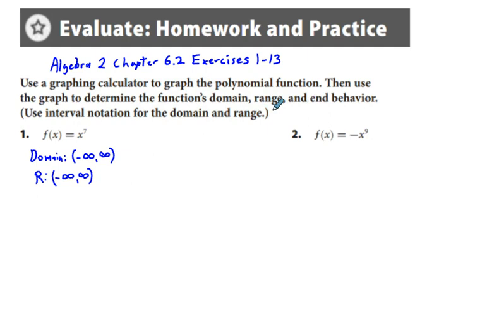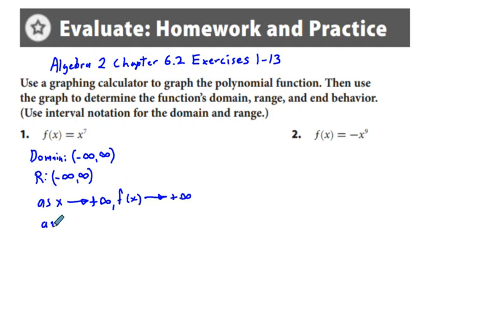And next it says end behavior. And our end behavior is going to be as x is approaching infinity, I guess we'll use positive infinity, f of x is approaching the same thing, positive infinity.